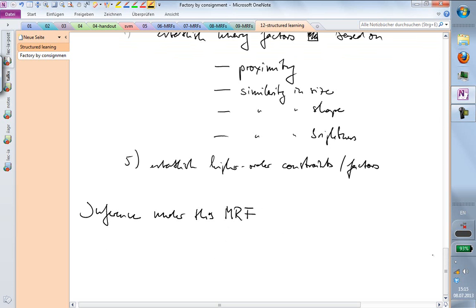This is a Markov random field. And we've seen it, we can optimize such problems by writing them as an integer linear program. So in this case here, it would be a minimization of all these unary potentials.